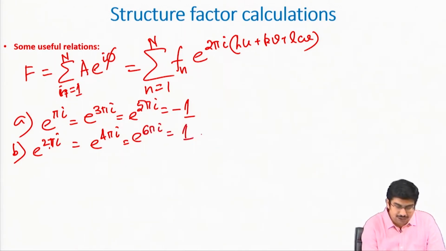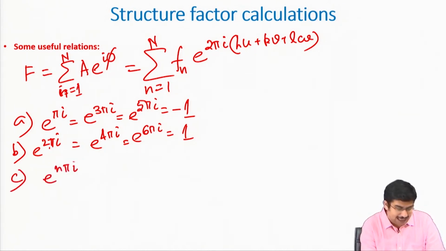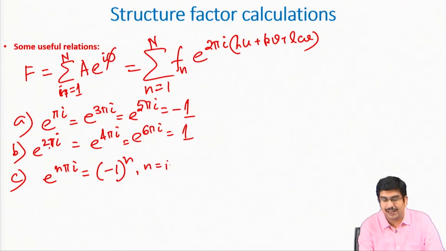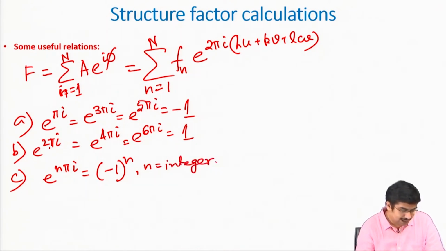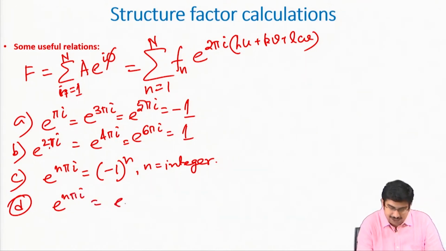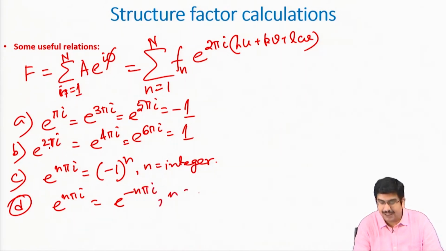So, the general rule that we can write down is e to the n pi i equals minus 1 raised to the power n, where n is any integer. Also, we can write e to the n pi i equals e to the minus n pi i. This is also valid, where again n is any integer.